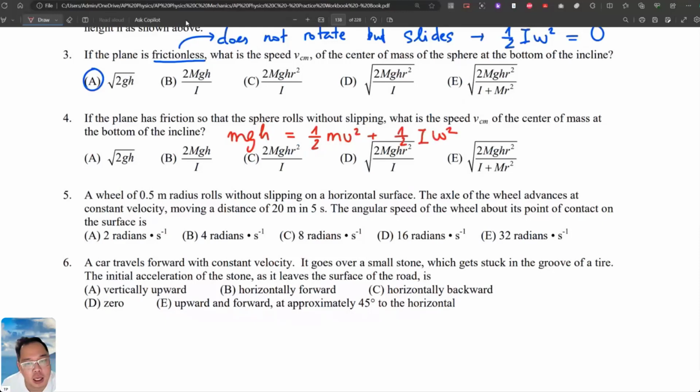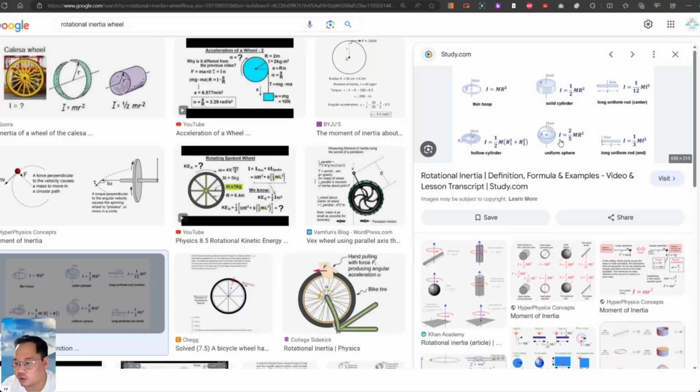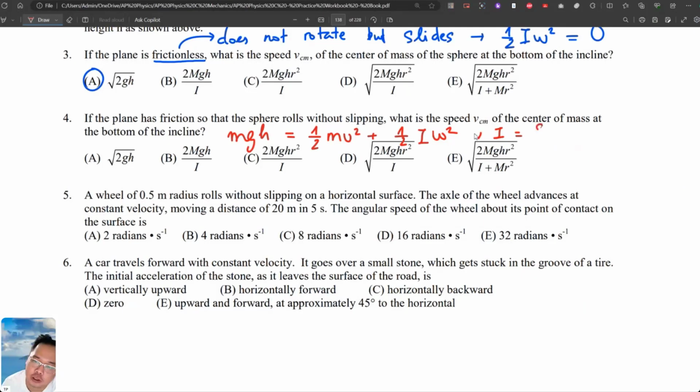And I of a sphere is, as I remember, 2/5 of mr squared.